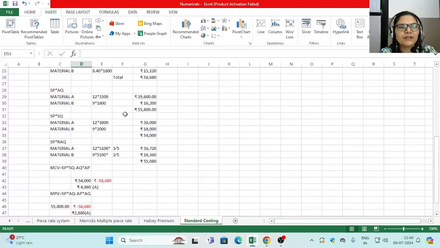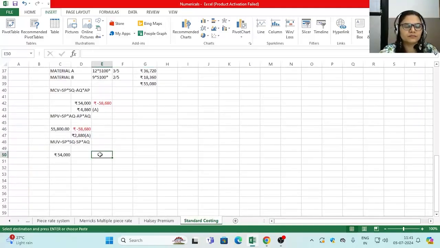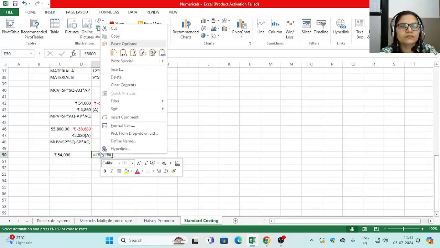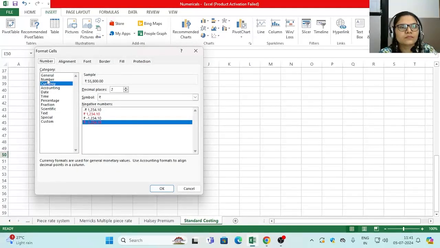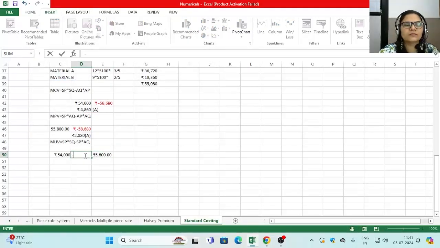SP into AQ, we have already calculated rupees 55,800. So we will simply copy it. Let's put minus sign over here.